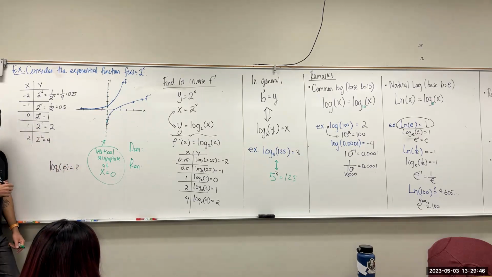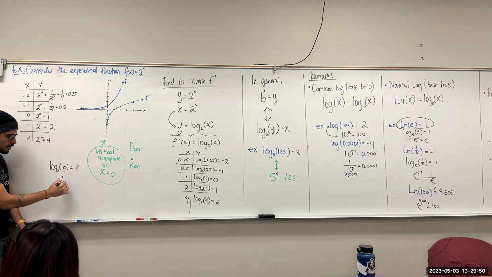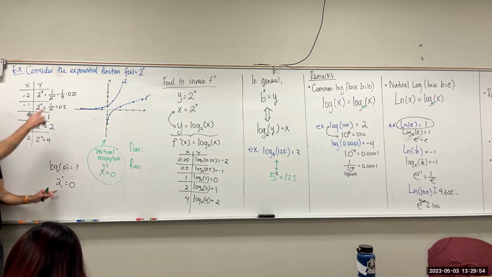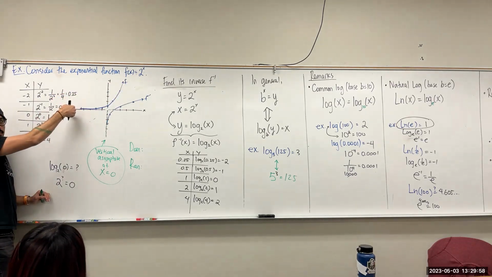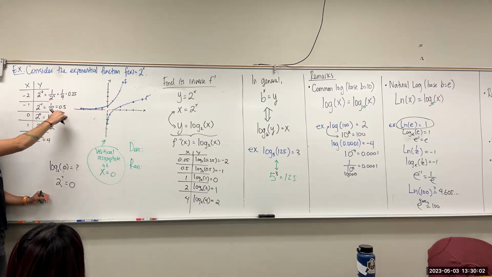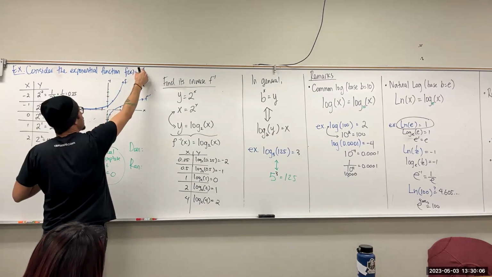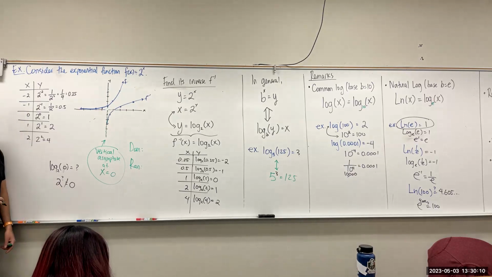I'm plugging in 0. That means 2 to the power of whatever this is supposed to be equals 0. But does this function ever equal 0? Does it ever reach the x-axis? Oh, no. It doesn't, right? No matter what x value you plug in here, this will never equal 0.